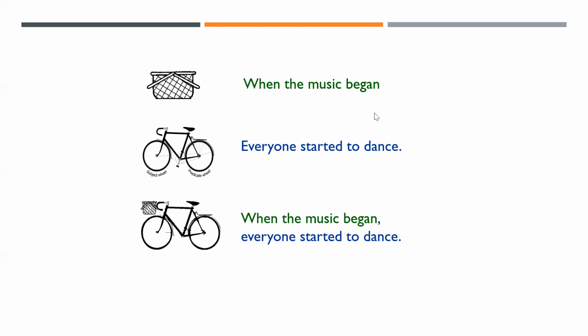So you have the main one is the bike, and then the additional information, a sentence that contains the additional information, is the basket. So you can put the basket here, or you can put the basket at the back of the bicycle. So you can have "When the music began, everyone started to dance." Also, you can have "Everyone started to dance when the music began," right?